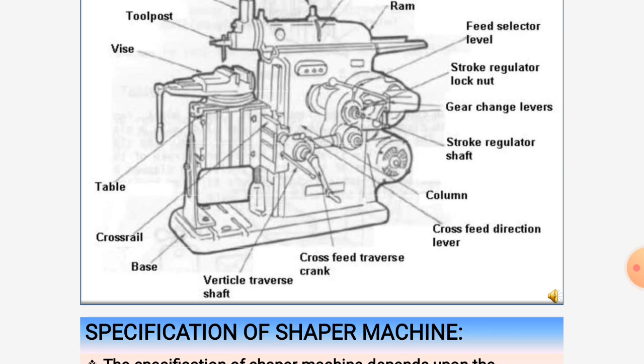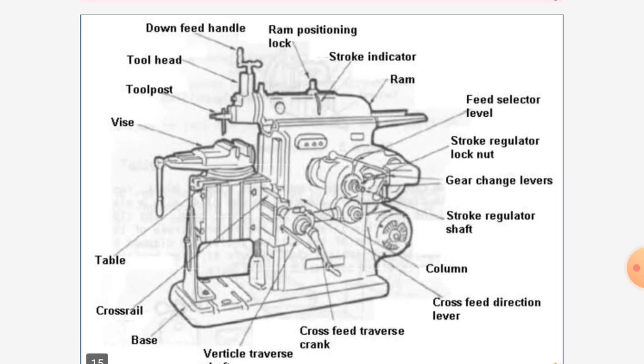Now saddle. It is mounted on the cross rail to hold the table firmly on its top. Now table. It is mounted on the saddle.